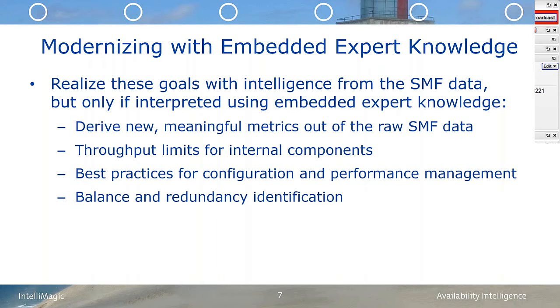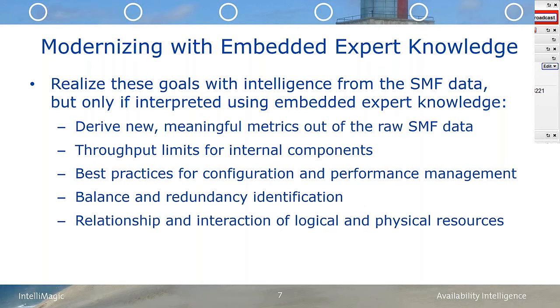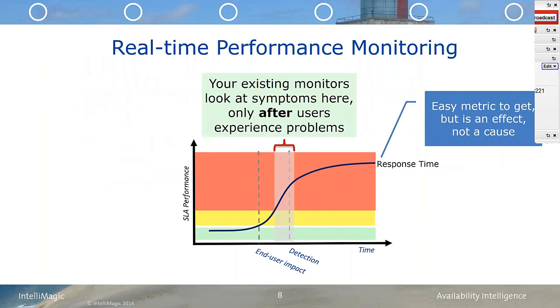Being able to quickly see balance and redundancy identification across the different components. And as I mentioned earlier, the relationship of the logical work with the physical resources is very important for really understanding the environment. So, just a couple of charts graphically of what that looks like.